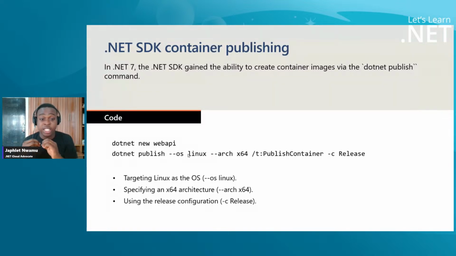So you could decide to use, like us, the x64 architecture. And then using the release configuration, -c release, you can then push this out. This gives you the ability to control many aspects of the generated container utilizing all of these features.